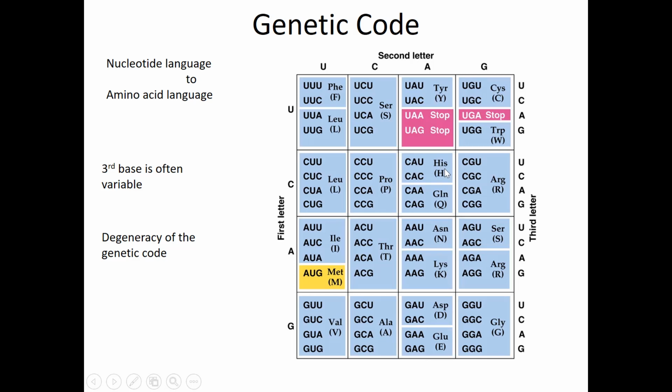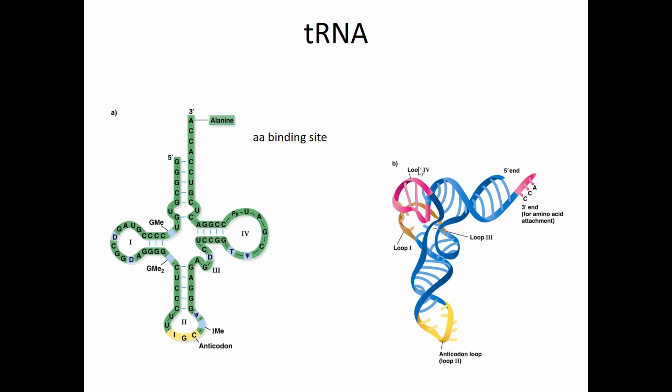CAU is histidine, CAC is histidine as well, but CAA codes for a different amino acid altogether. This third position is flexible in that sometimes the third base doesn't bind as tightly, and we'll talk about that. It's called wobble, and it allows for some variability in the third base making up the codon.